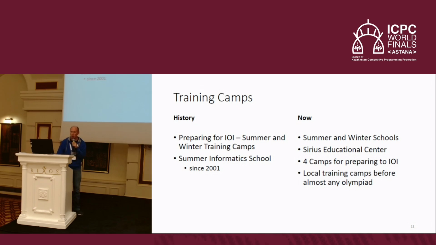Now, besides that, we have a lot of different summer and winter schools. Another thing which helped to boost the success of our high school students was the opening of the Sirius Education Center, a government-funded organization which runs shifts for high school students in math, physics, informatics, biology and chemistry. Most regions and big cities also now have local trainings before almost every Olympiad. So it has evolved during the last 20 years.